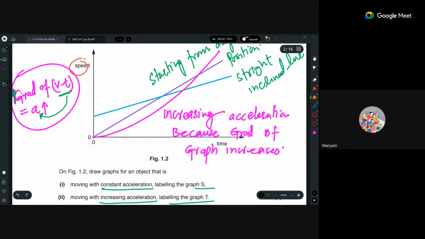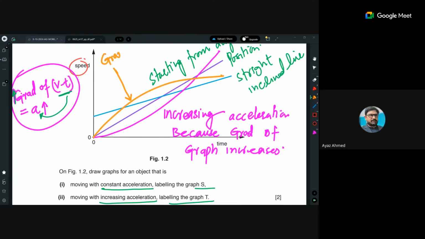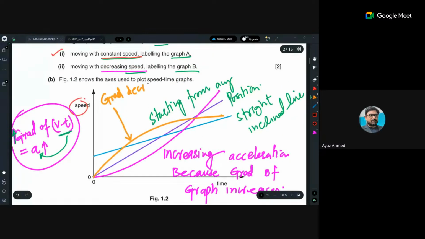Which color one? That one. So this decreases. Yes, its gradient decreases now. So when the gradient decreases, Ariba, what about acceleration? Is it clear?